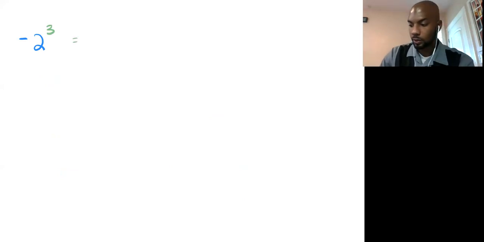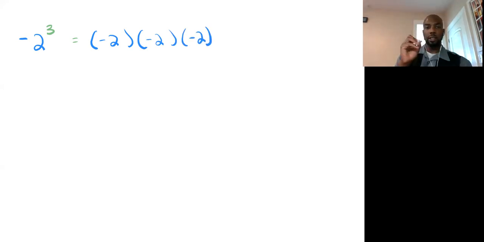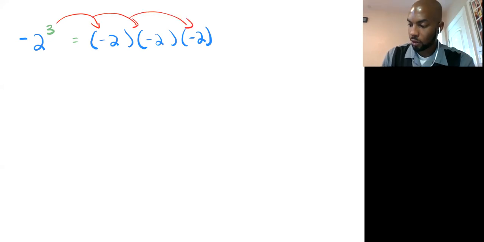Quite simple. Just like I told you, it's a number multiplied by itself. So negative 2 times negative 2 times negative 2. I've gotten rid of the little dots that could have gone here, and I just said if I have parentheses, I can use it as multiplication. And then I just multiply normally. Just make sure it's correct. That's negative 2 to the third power. We've got 3 of them.